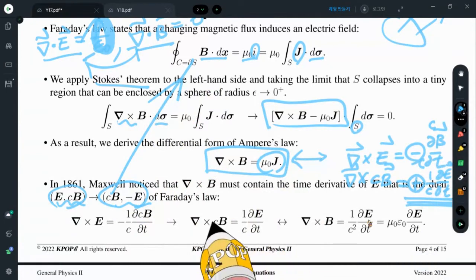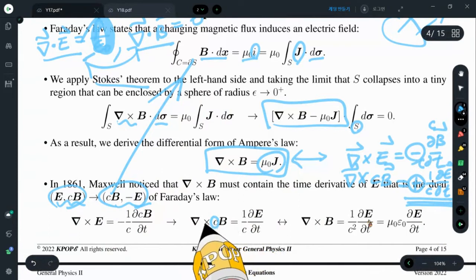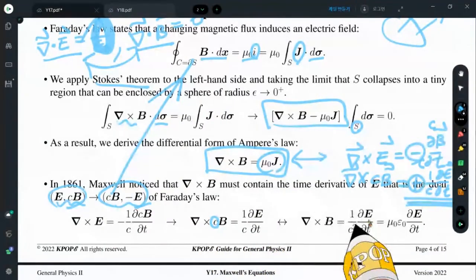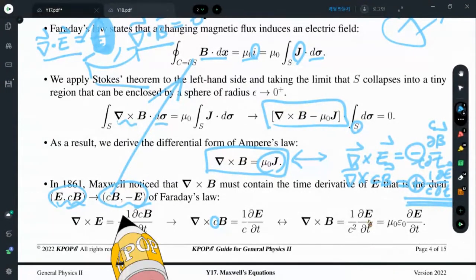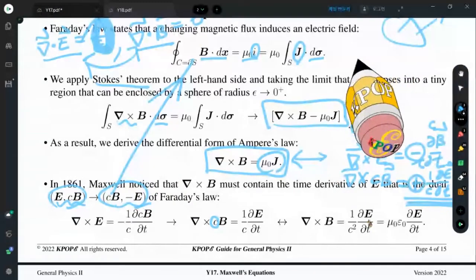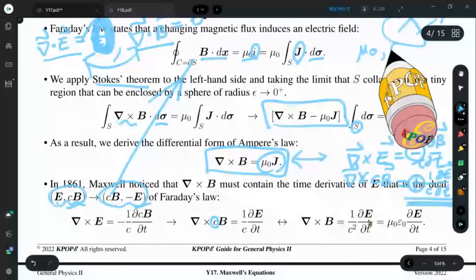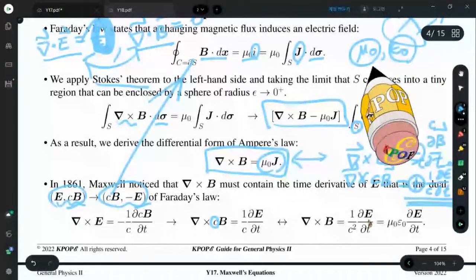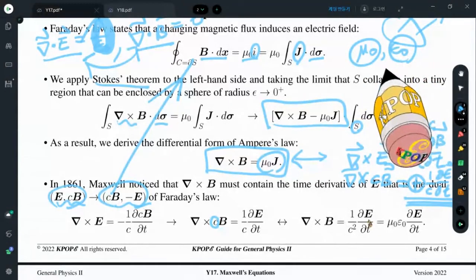Let's see what's happening. Divide by the speed of light on both sides, and you will find 1 over c squared here. And actually, if you solve the 4 Maxwell's equations altogether, you will find that the electromagnetic field propagates with the speed of light. That was first found by Maxwell. By the time Maxwell studied these equations, mu 0 and epsilon 0, which determine the strength of the electromagnetic field, were known very well.